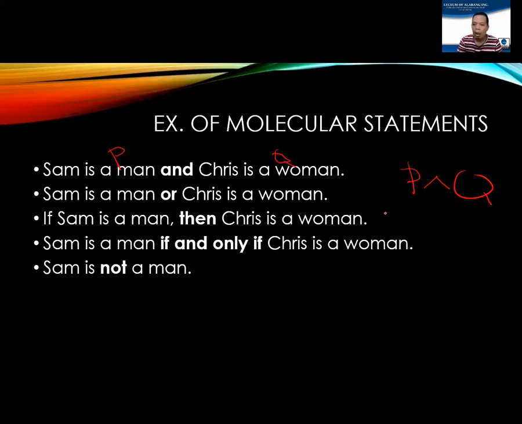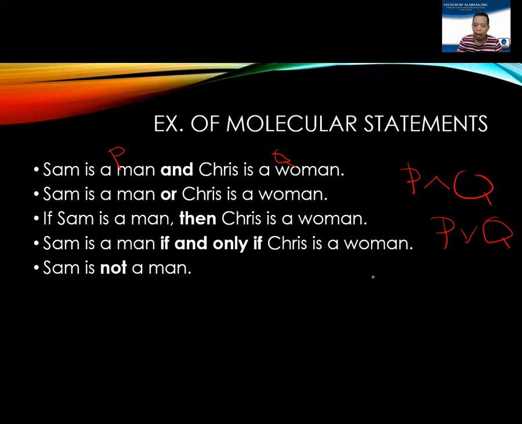The second example is Sam is a man or Chris is a woman. When we convert it into a well-formed formula, that is P or Q. So this is the well-formed formula for the second example.